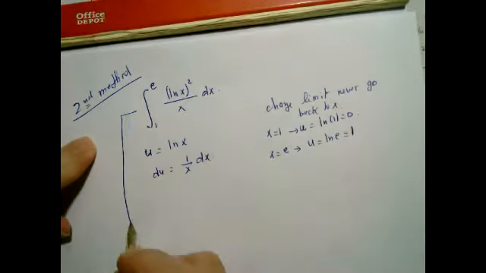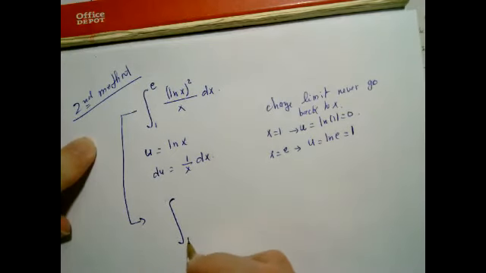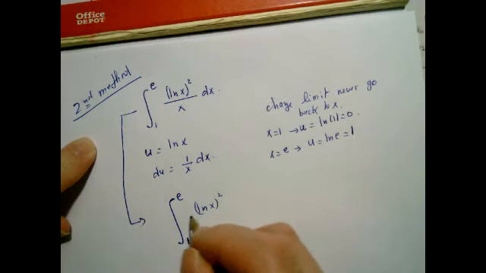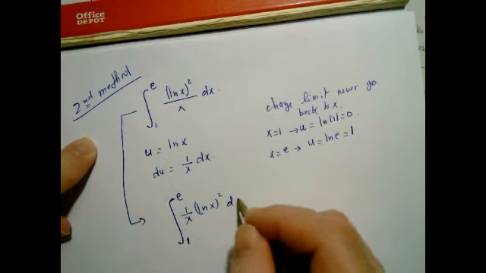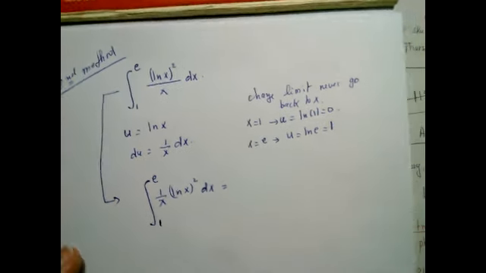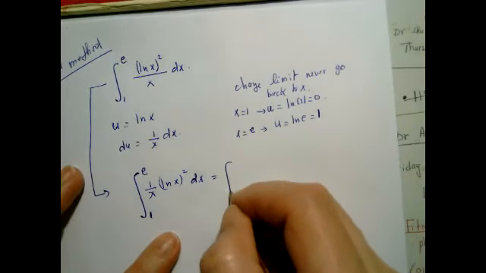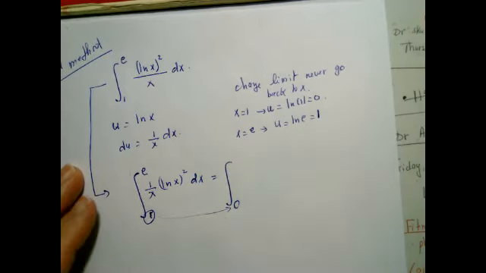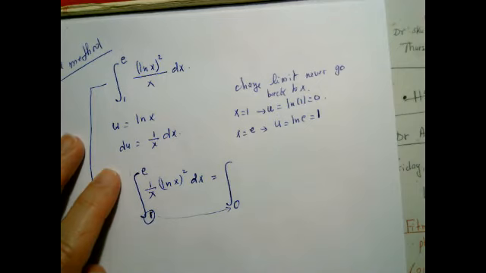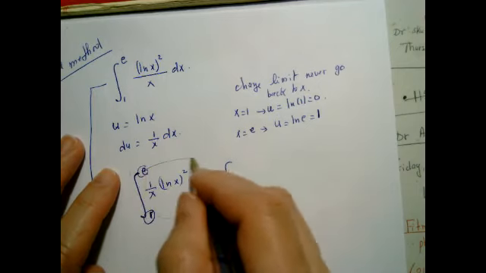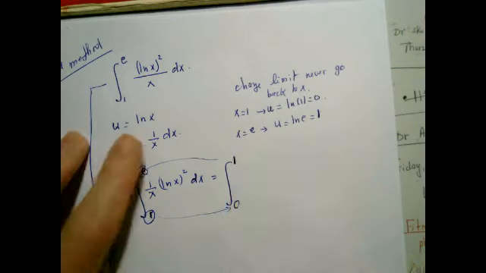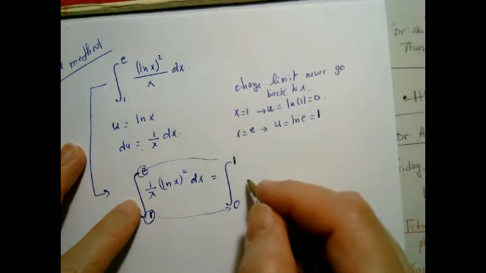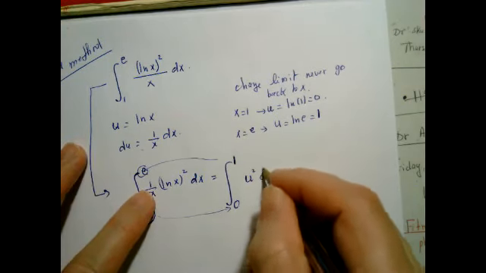So this means that the integral from 1 to e of ln of x squared times 1 over x dx, because it is a substitution, you have to treat it as such, is going to be equal to the integral from, we take the ln of 1, which is 0, to the e, which is now the ln of e, which is a 1. The inside is the same thing we did. So this is going to be u squared du.